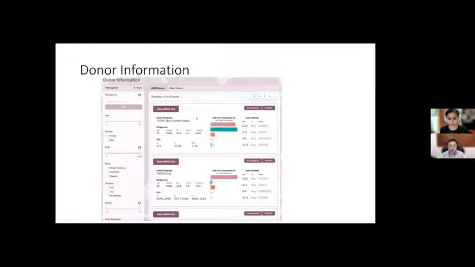Or if you want to know more information about a specific donor, you can just click this button, view the HPAP donor ID. So for example, you want to look into more information for a specific donor, then you will see this donor case page with all the clinical data for this specific donor and also all the other data related to this donor.